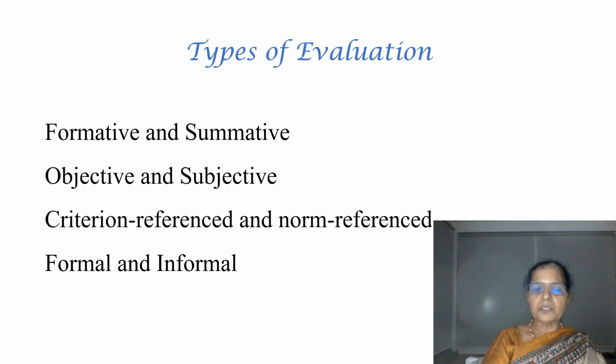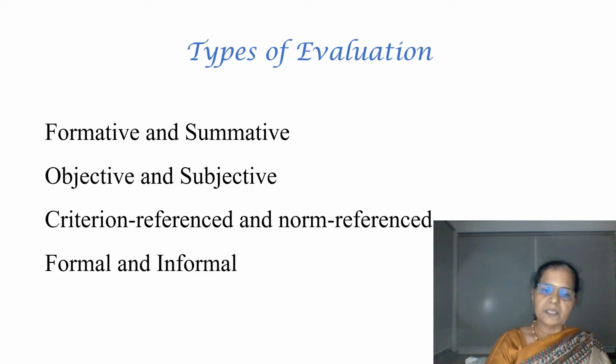So we are going to discuss 4 different sets of classification or grouping. This grouping is done based on certain criteria which we will see, like how the assessment is done, or when is it done, or what are the objectives of evaluation. Based on many characteristics, this classification of evaluation is done. So first we will see one by one. First we will see formative versus summative assessment.